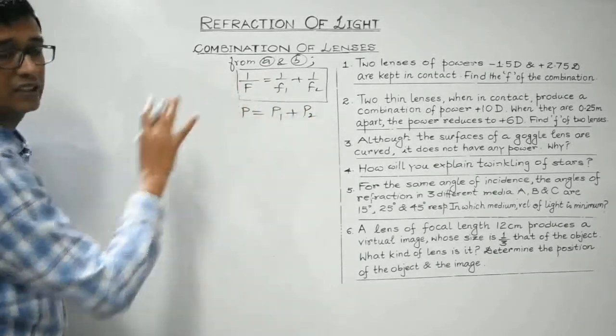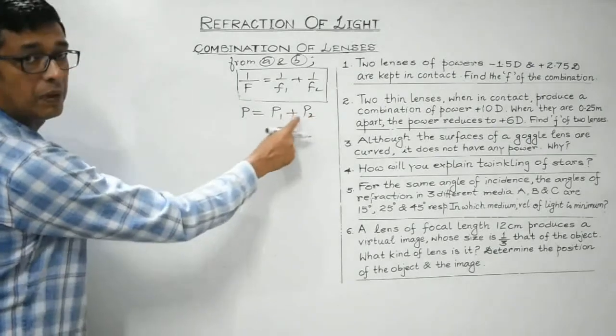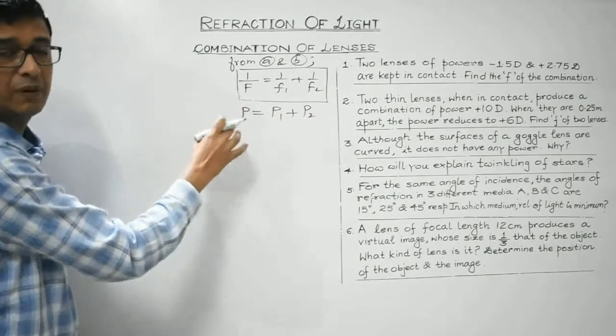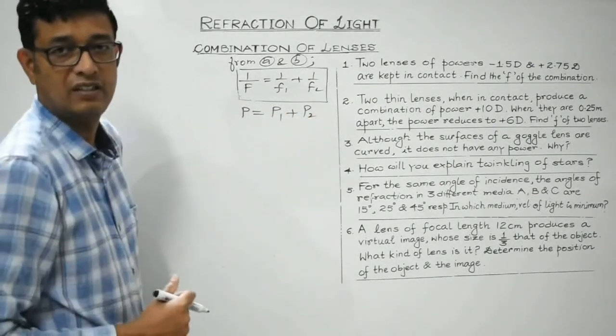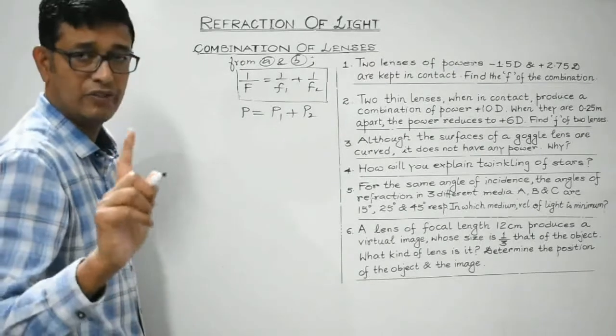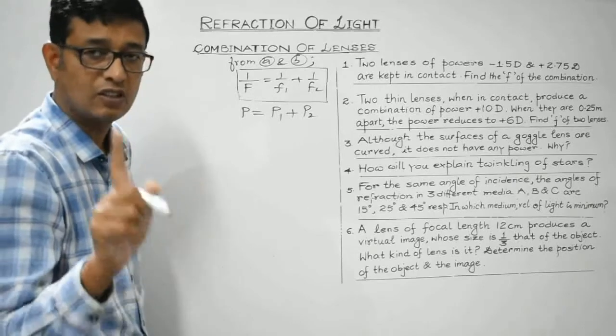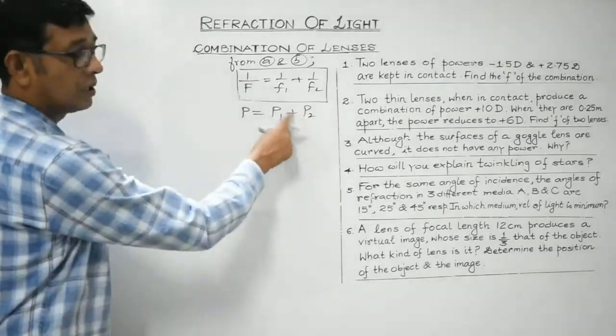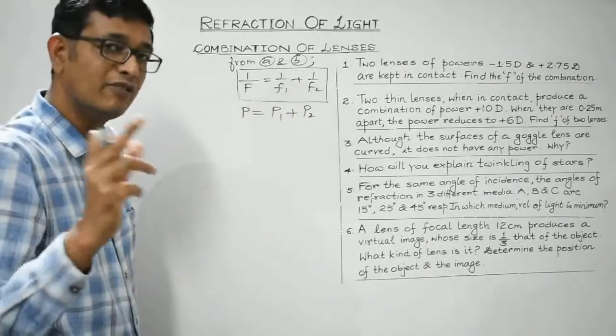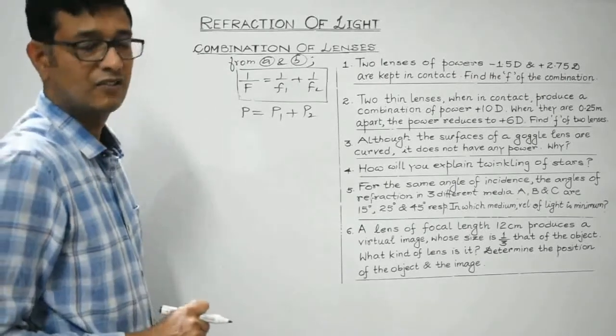Reciprocal of the focal length is power. P1, P2 are the powers of the individual lenses, and P is the power of the equivalent lens, right? And you're aware, focal length and power are positive for a convex or converging lens, and negative for a diverging or concave lens, right?